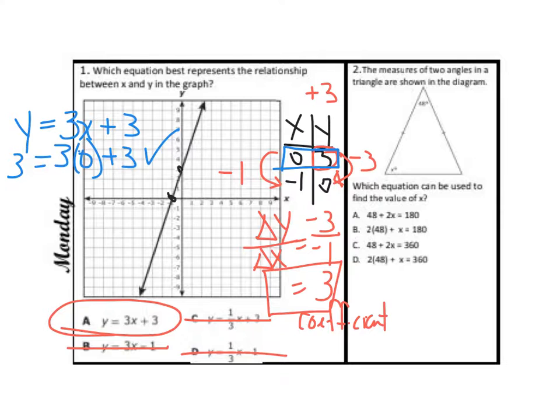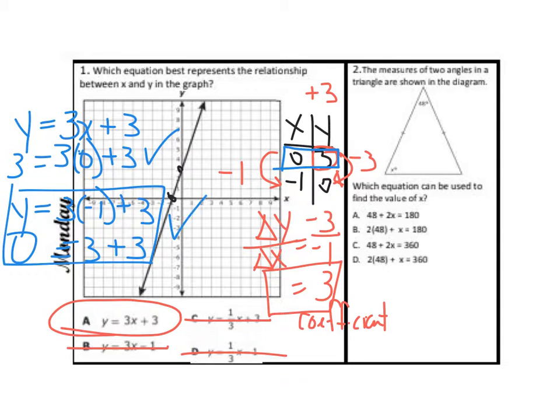So then that means that equation is correct. Then we could also do it for the next ordered pair. So 3 times -1 plus 3. So 3 times -1 is -3 plus 3. So that means that y should equal 0. So because those two are correct, then we picked the right answer.